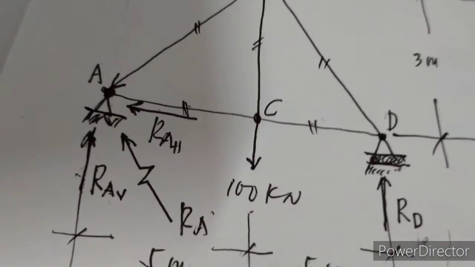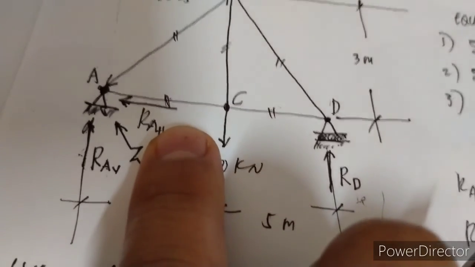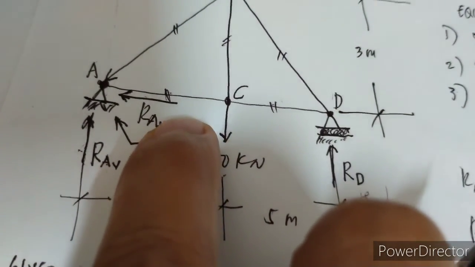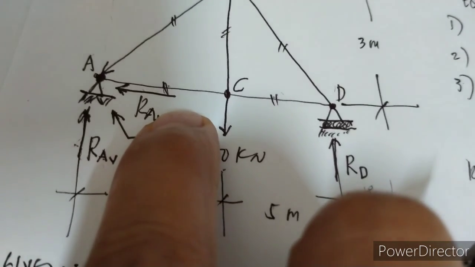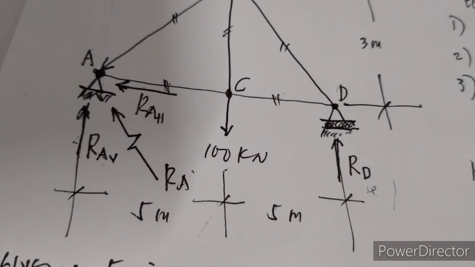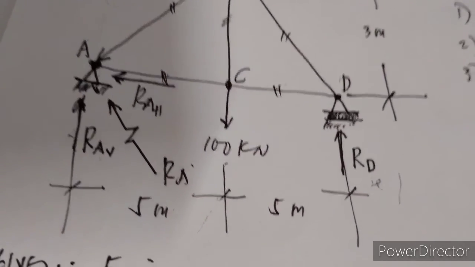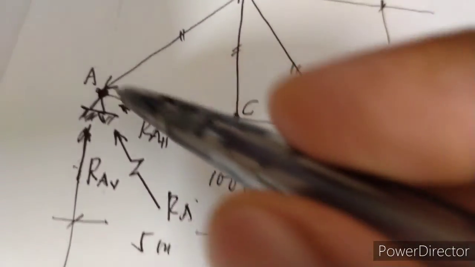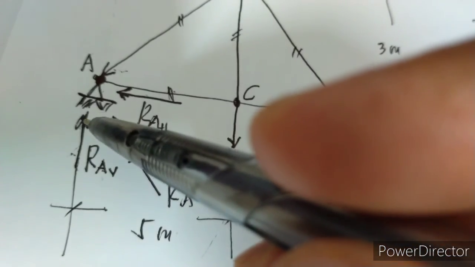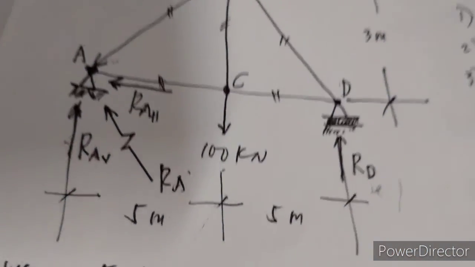Okay, so now for member AC, an assumption is needed. If your assumption later on is wrong, or it gives a negative answer, then you can change the direction. The arrowhead will just simply indicate the direction, whether it is in tension or in compression.